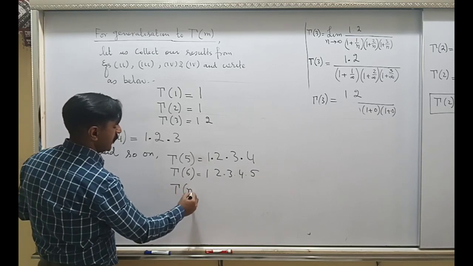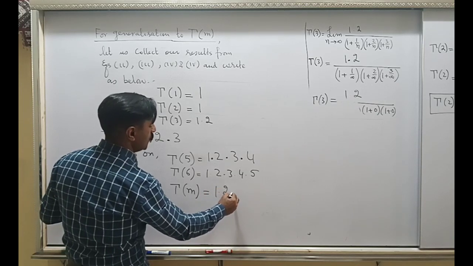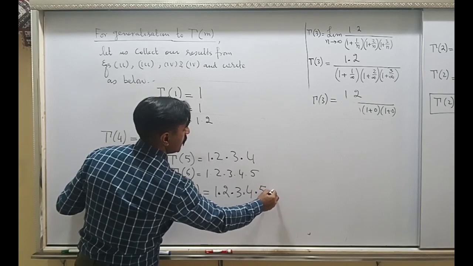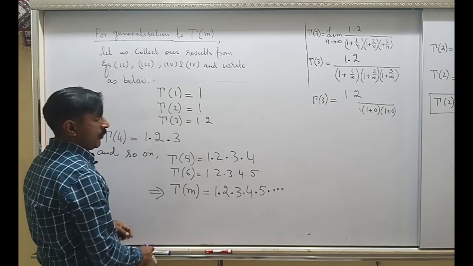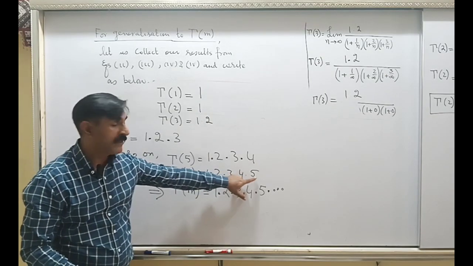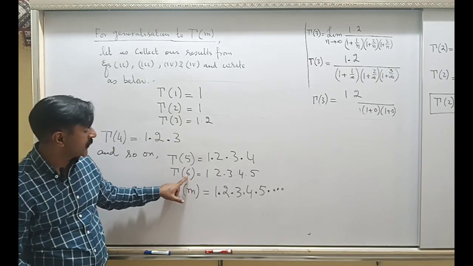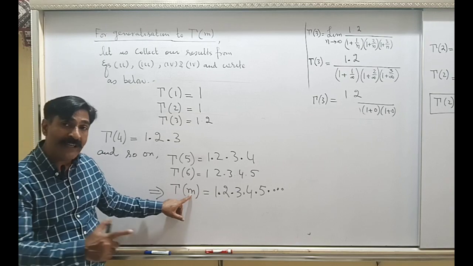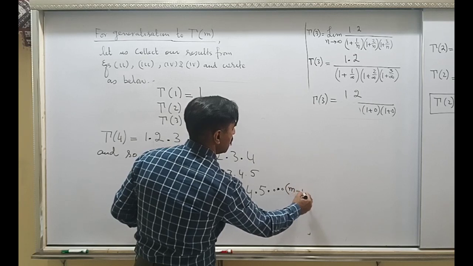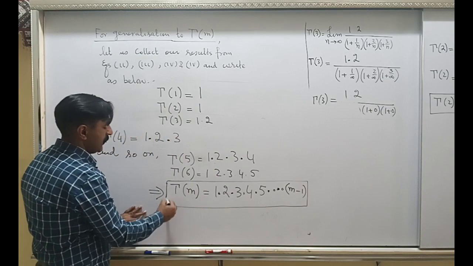And gamma m will be 1 into 2 into 3 into 4 into 5 and so on, where the ending factor is 1 less than the argument of the gamma. So now this is 6, it ends at 5. So m will end at m minus 1. So this is the general result for gamma m.